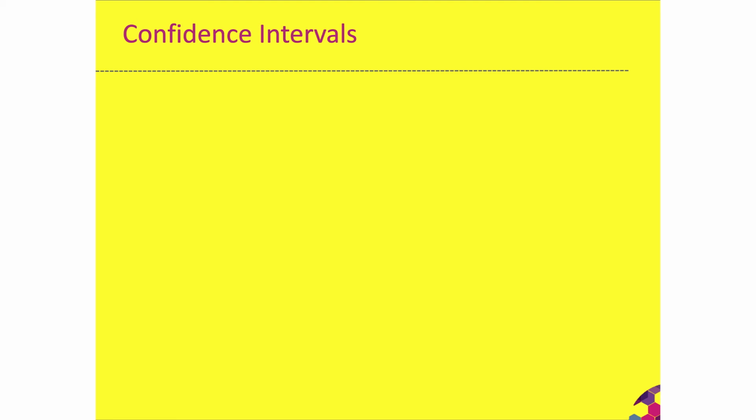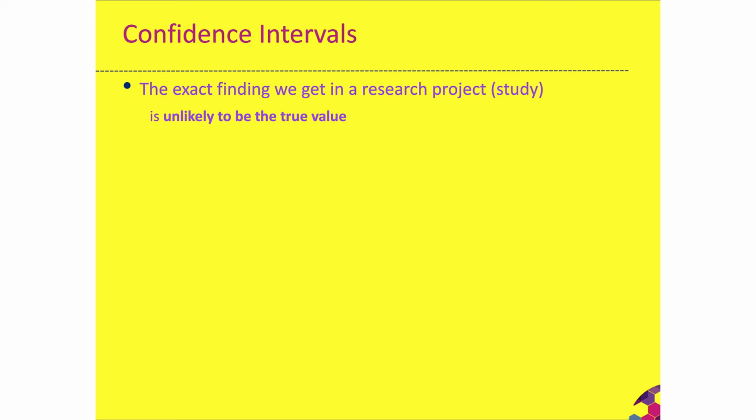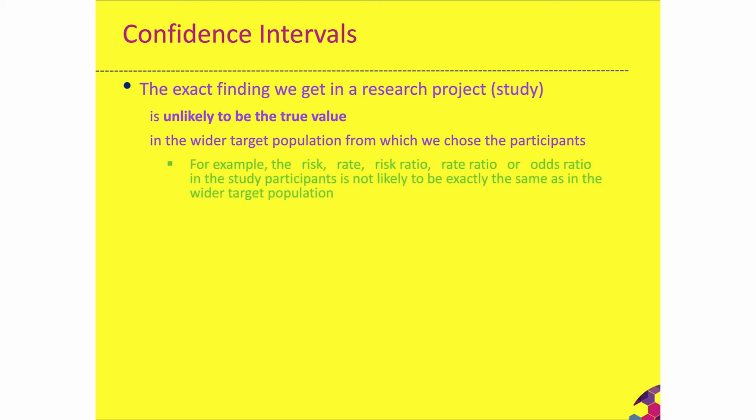So let's look at what confidence intervals are. Now, remember, if we think about a research project, it's unlikely that the exact finding we get in a research project is true for the wider population. It's much more likely that we've got a finding that's useful and relevant to the people that took part in our study, but is not accurate for the wider target population.